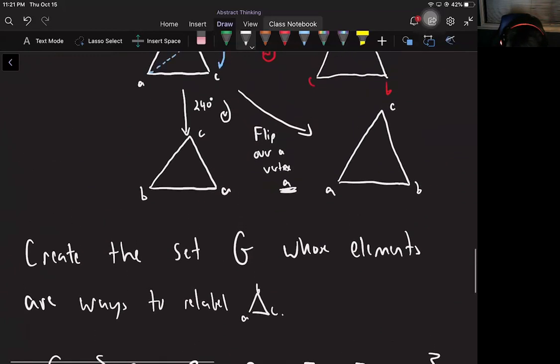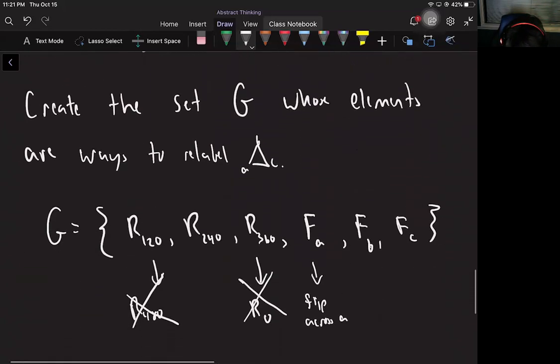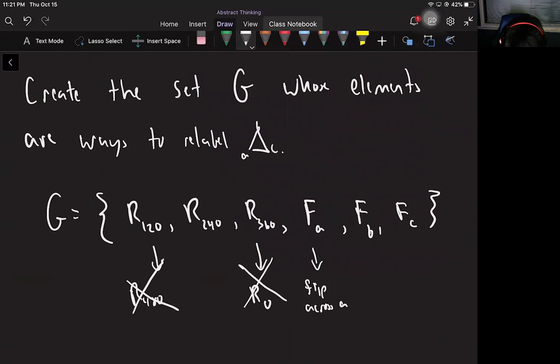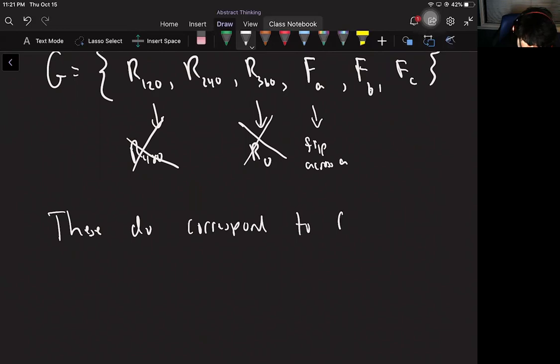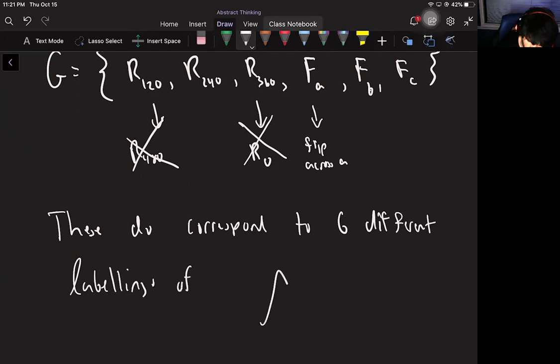And I would leave it to you to actually do each one of these moves and see that you do get 6 different triangles. So these do correspond to 6 different labelings of this triangle.